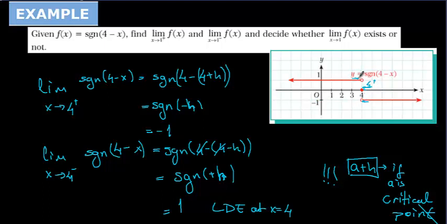When you get closer from the other side, it's getting closer to plus 1. So this is the critical point, and that's why there's no limit at this point. Left-sided and right-sided limits are important here. For this other point, they are not important because it is not a critical point for the question.